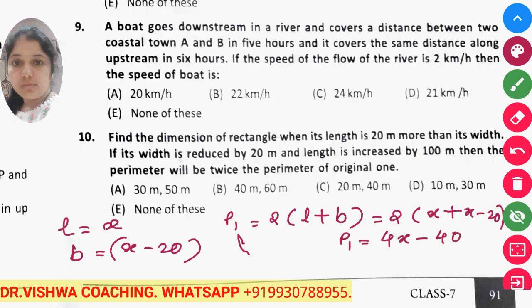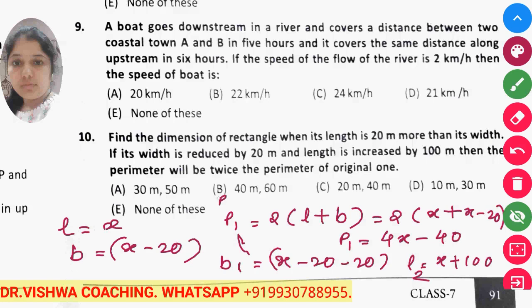Now the width is reduced by 20 meter. Then the length is increased by 100 meter. Now new width, say B1, is equal to x minus 20 minus 20. Okay, so length will become x plus 100, L2.